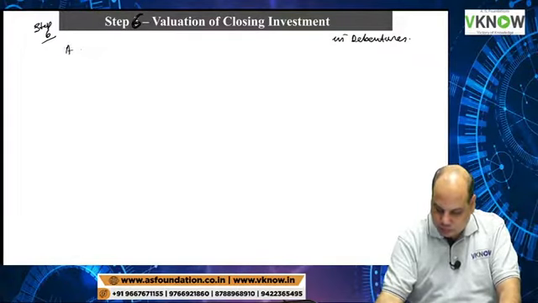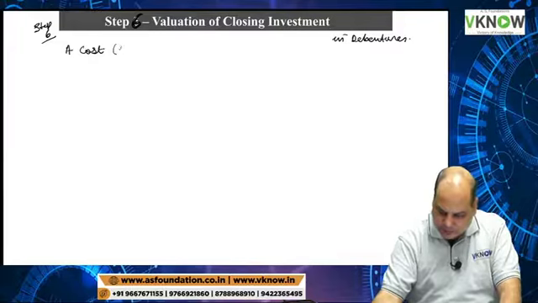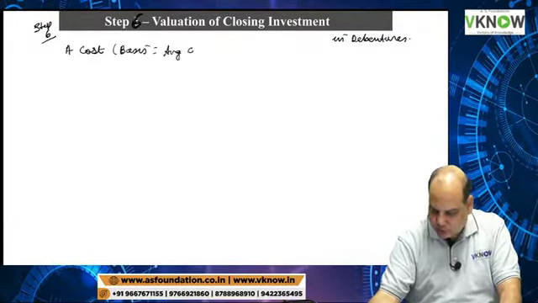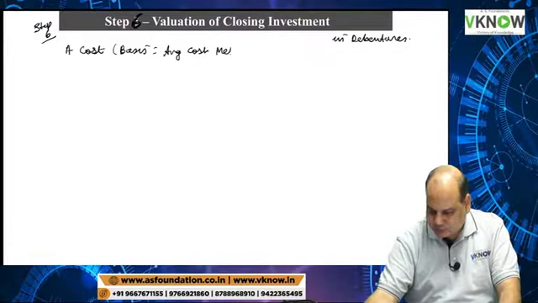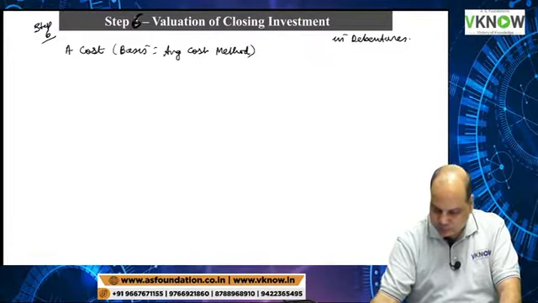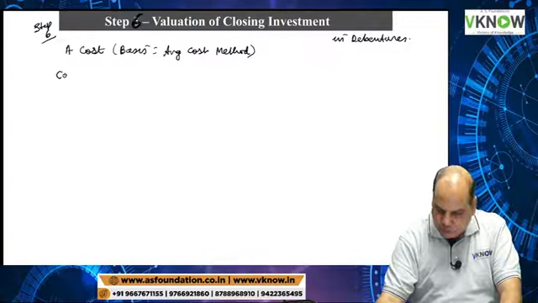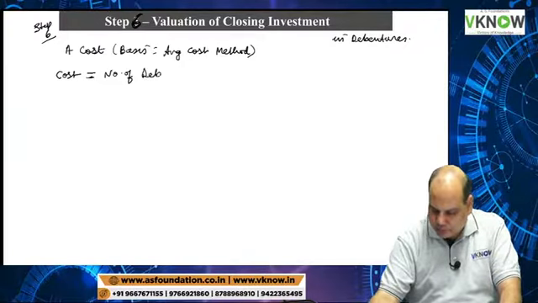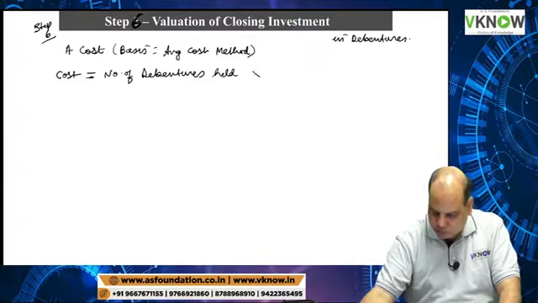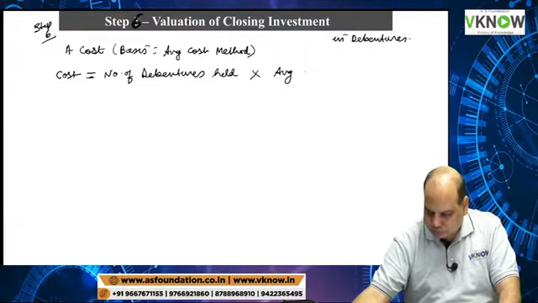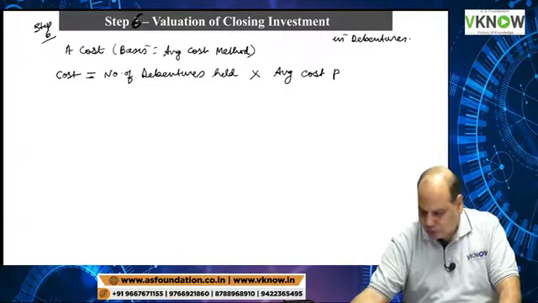First write down A, cost. The basis is average cost method. So cost is equal to number of debentures held into average cost per debenture.